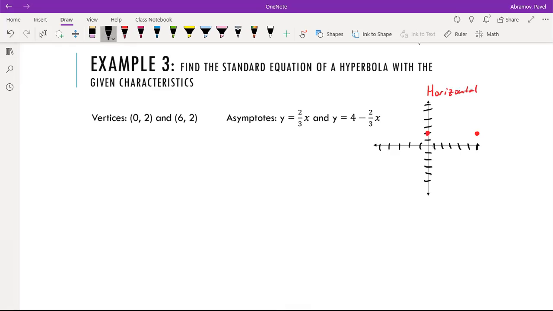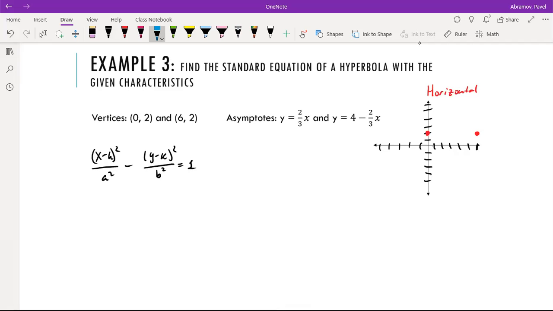And therefore, we know that the equation is going to be of the form (x minus h) squared over a squared minus (y minus k) squared over b squared equals 1. Now, let's find the pieces. So our center (h, k) is going to be the midpoint between these two points.